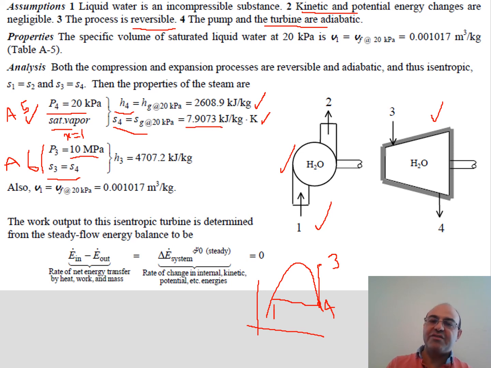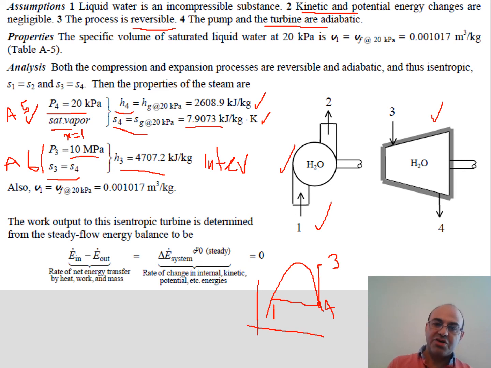You cannot find this number there, so you will need to do linear interpolation in order to find the enthalpy of point 3. You must write the details of your interpolation here.